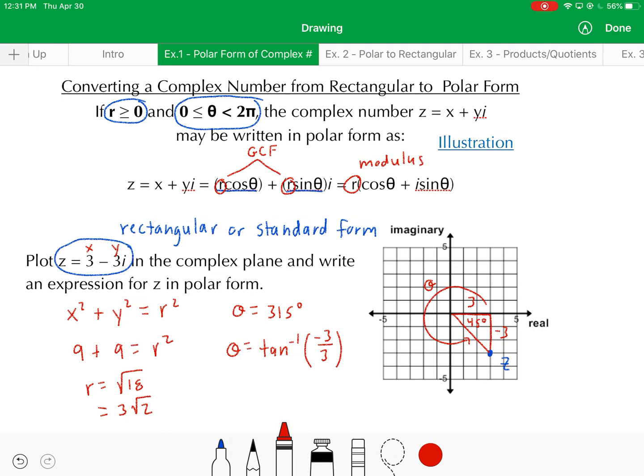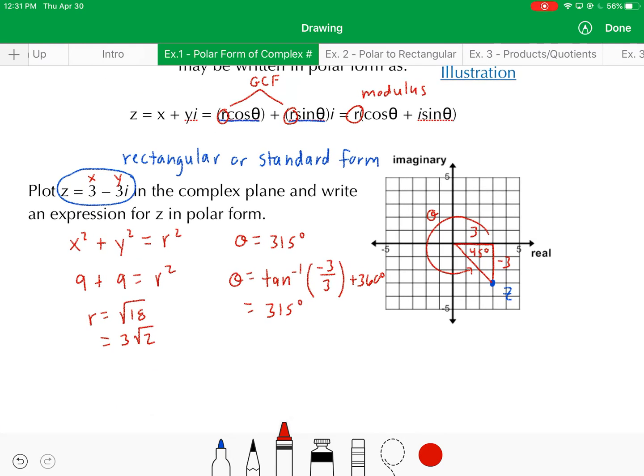In this case, that's going to yield a negative angle measure, so I'm going to have to add 360 to it to bring it within the interval 0 to 360. So you can double check me on that, but that should end up equaling 315 degrees. So just make sure theta is in the same quadrant as the complex number, okay?